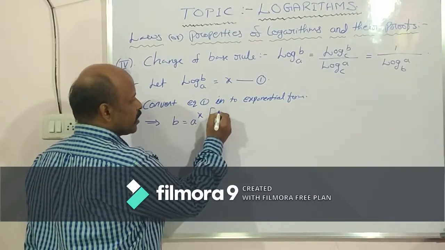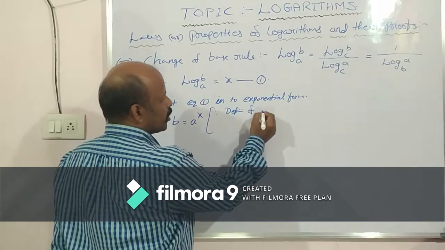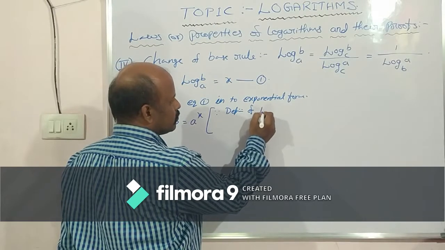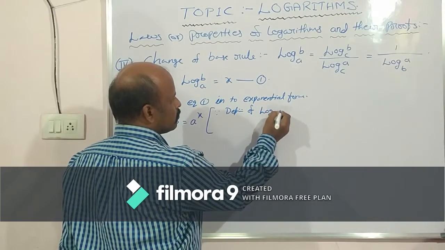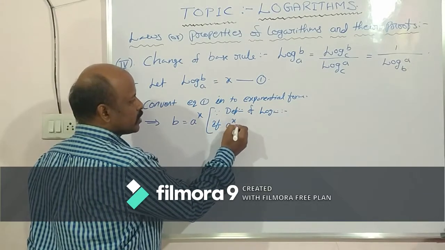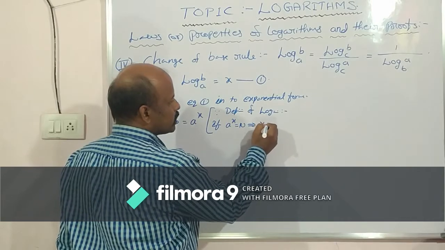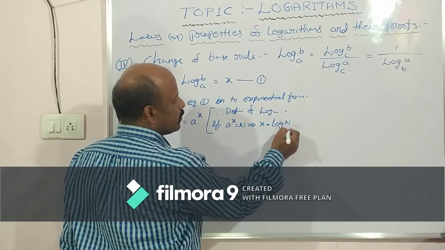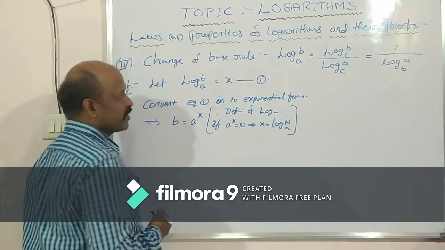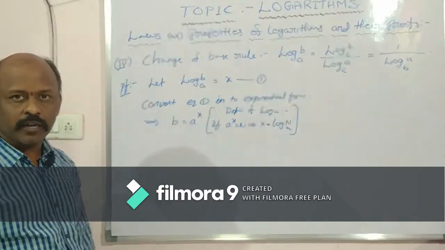Now by the definition of logarithm, if a power x is equal to n, then what will happen? x is equal to log n base a. By using this definition, I wrote equation number 1 in the exponential form.